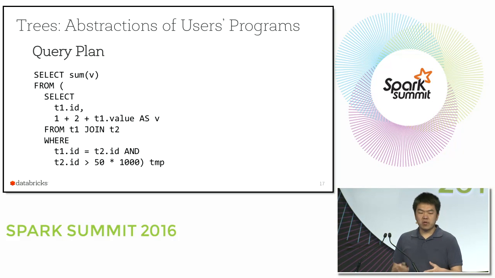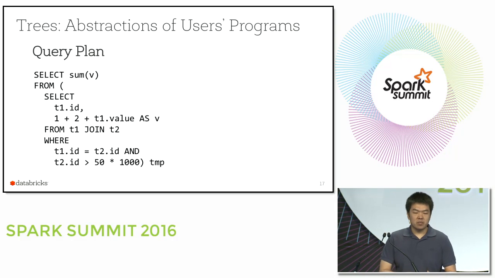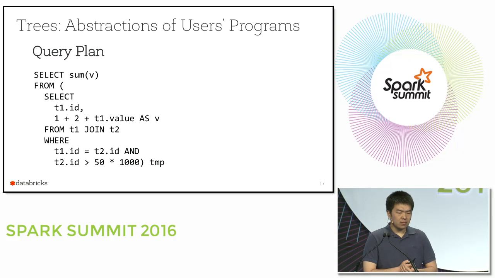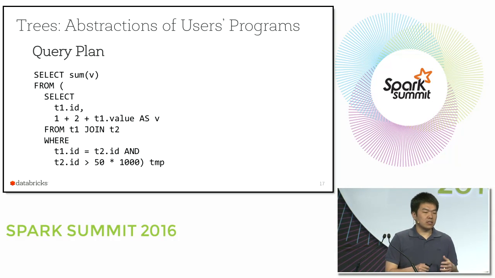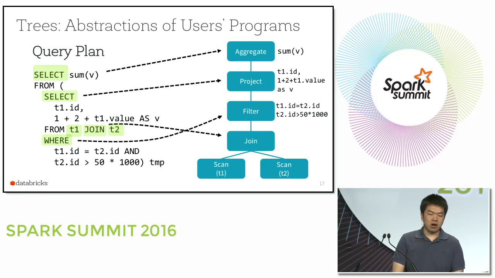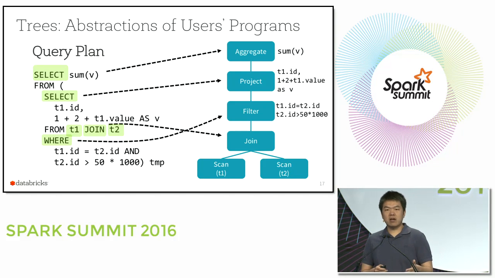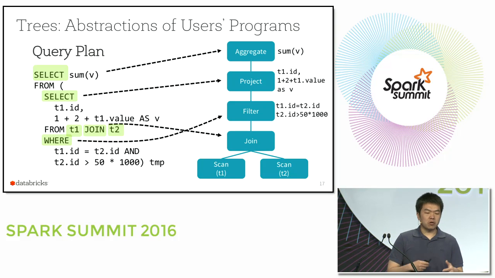Those operations generate a new data set based on the input data set. And a query plan uses one or multiple expressions. So here is an example query plan. You can see that we have scan, join, filter, project, and aggregate. Those nodes correspond to operations defined in the SQL query.